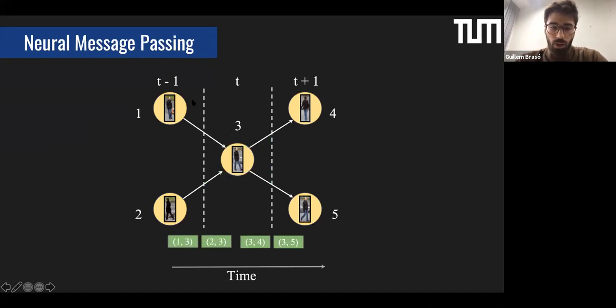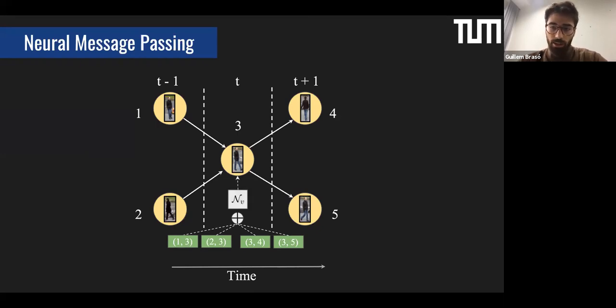And since we don't know how many of them we have, we need an order invariant operation. This could be just a sum, for instance. This could be a mean, or an average, sorry, or a component-wise maximum, essentially some kind of pooling operation that combines all the neighbors into a single vector.